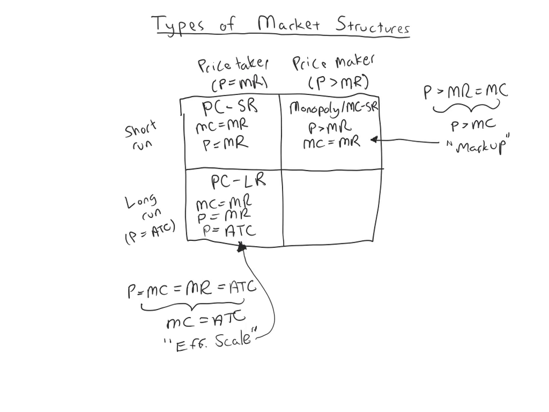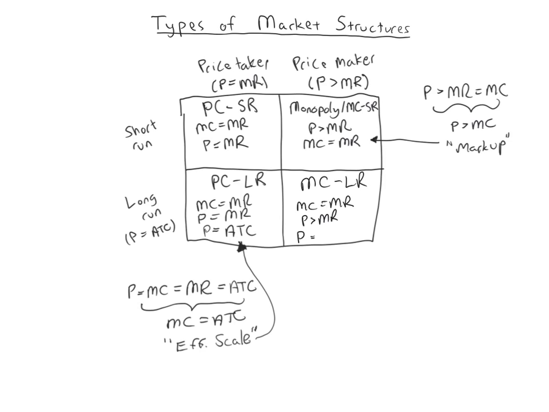Our final bottom right box is basically where we take the monopoly, the top right, and push it into the long run. We add in this zero profit condition that we've been talking about. When you do that, you get monopolistic competition in the long run. So you'll have MC equal MR because you maximize profit. You'll have P greater than MR because you're a price maker.